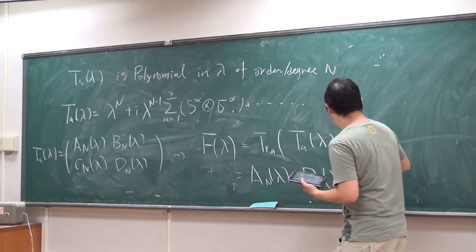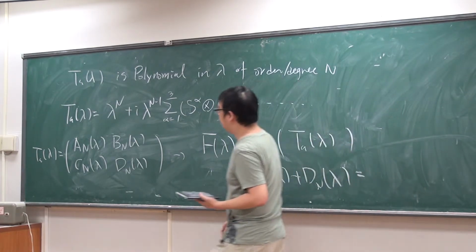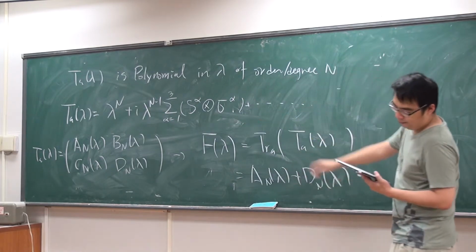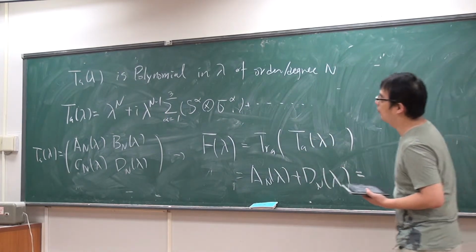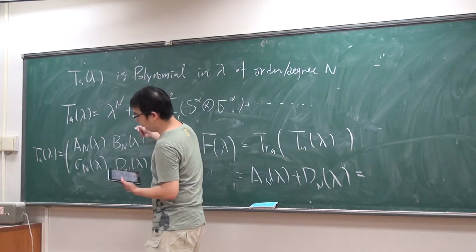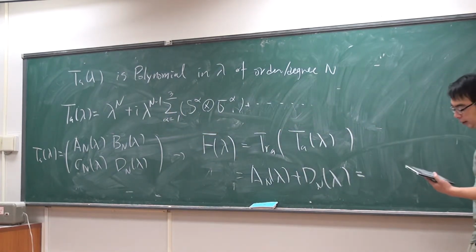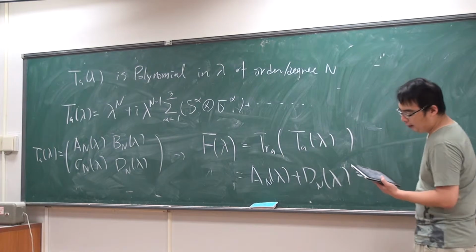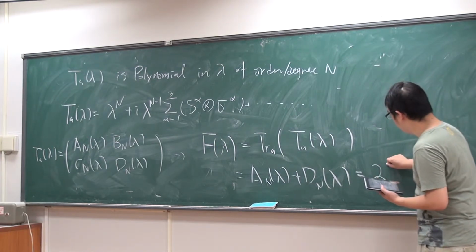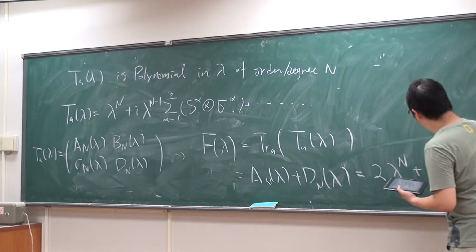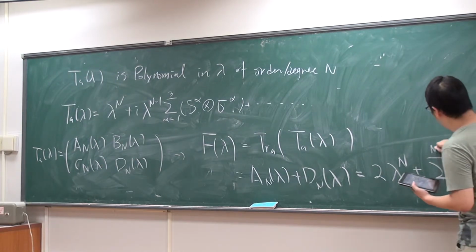I will write it again. Just like the transfer matrix can be written as a polynomial in lambda, t(lambda) is also a polynomial in lambda.